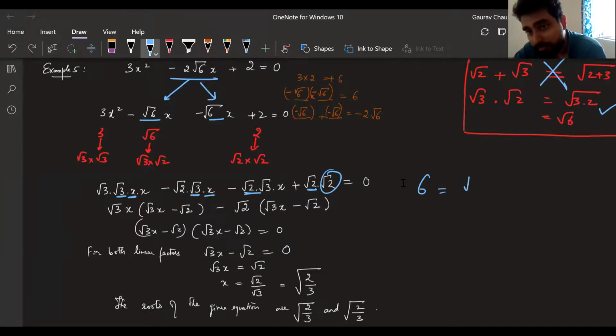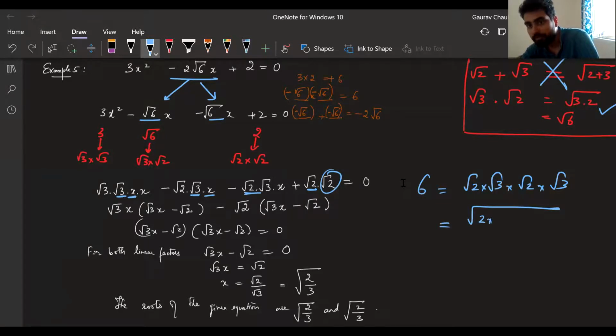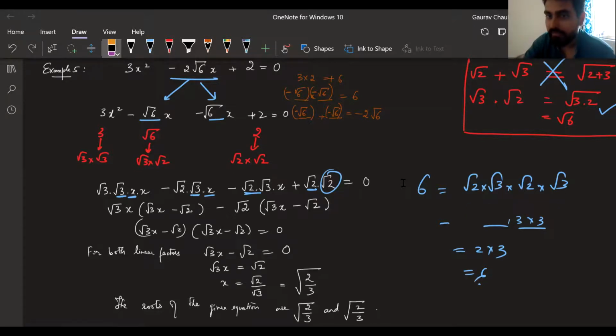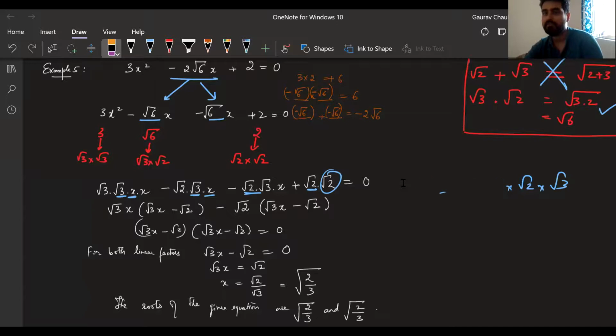We can get it as root 2 into root 3, or root over 2 into 2 into 3 into 3, where 2 and 3 I'll take out. That's basically 6, right? So all that creativity will come just by doing questions of that type. That's all, nothing else.